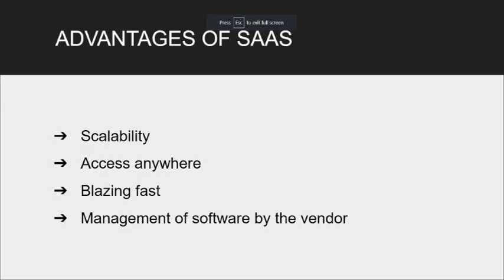Now, last but not the least, the management of the software is done by the vendor itself. So we always have the latest version. There is no need to update manually because that is taken care of by the vendor and it's automatically upgraded. This solves a major problem of compatibility.